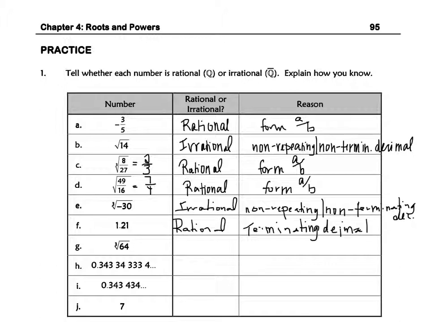And the cube root of 64 is 4. Oh, sorry, didn't mean to write that there. So it's 4. So that would be rational, because it can be written in a over b form, and it's an integer. 0.3433343334, that is not a repeating pattern.